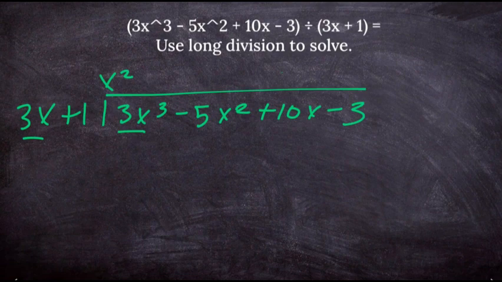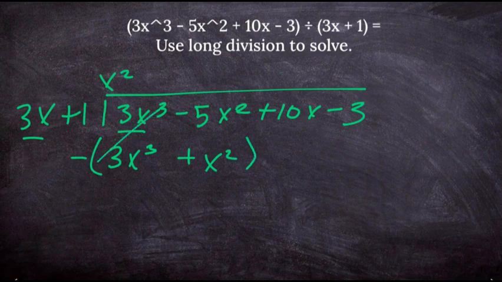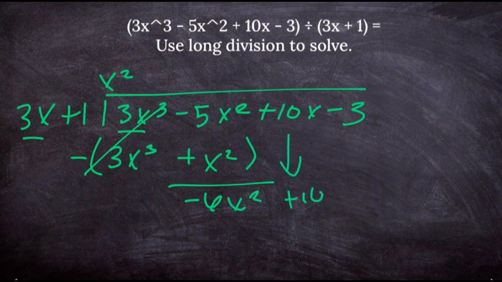So that gives us 3x to the third for our first term, plus x squared. Remember, there's always a negative sign on the outside of our parentheses because it's just a rule that is applied. And then now we can cancel this out. And -5 minus -1 leaves us with -6x squared.